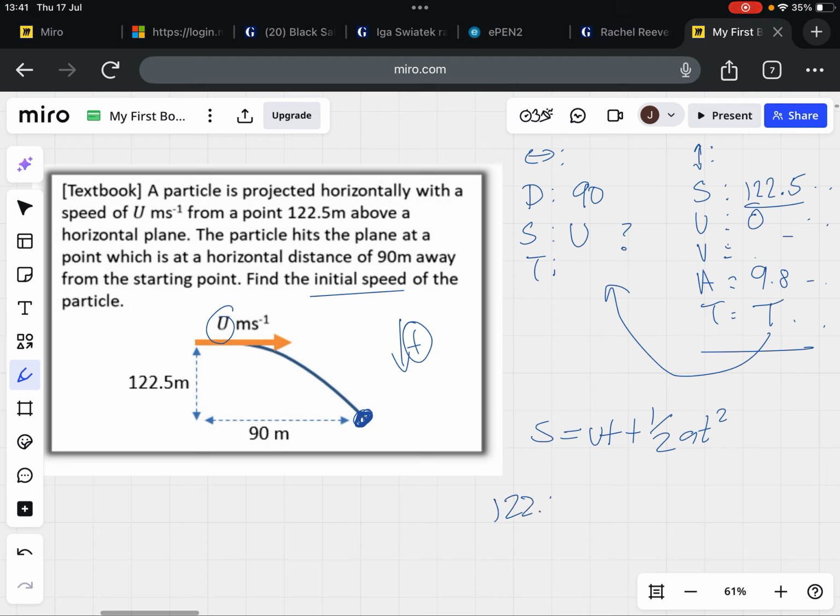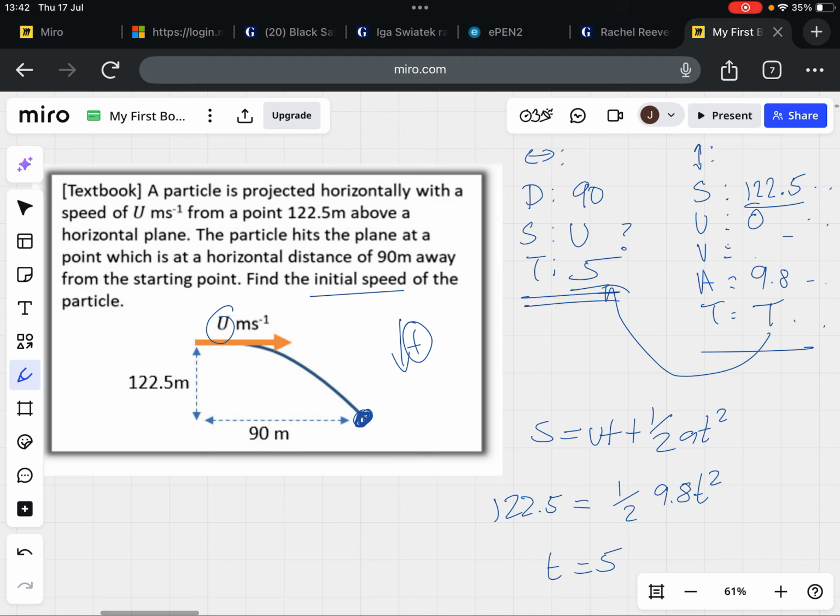So we'll say 122.5 equals 0t, so I'm just going to cross that one out, plus half a, so half 9.8 t squared. And if I solve that, I should get a value of t that is 5 seconds. So that's useful because that moment in time is the same moment in time as I've got over here.